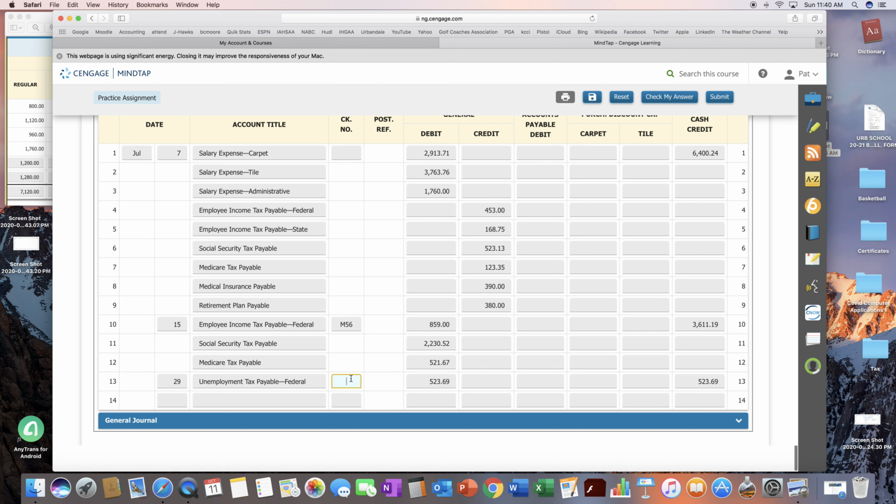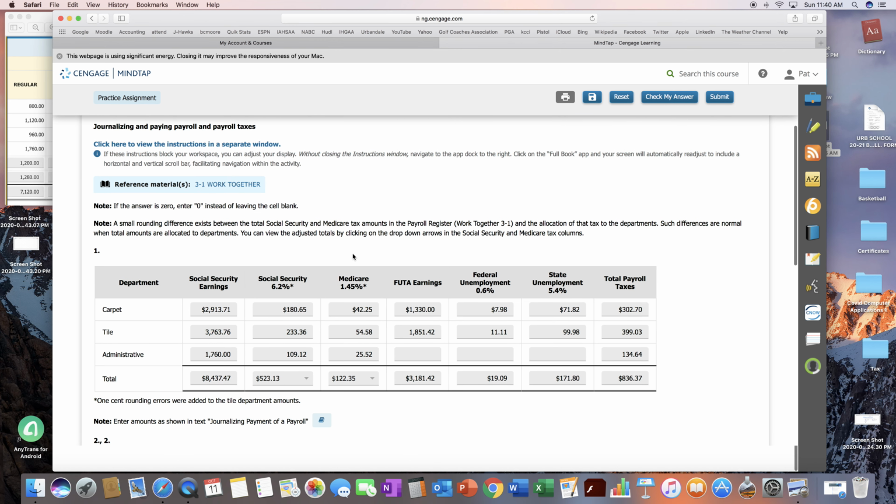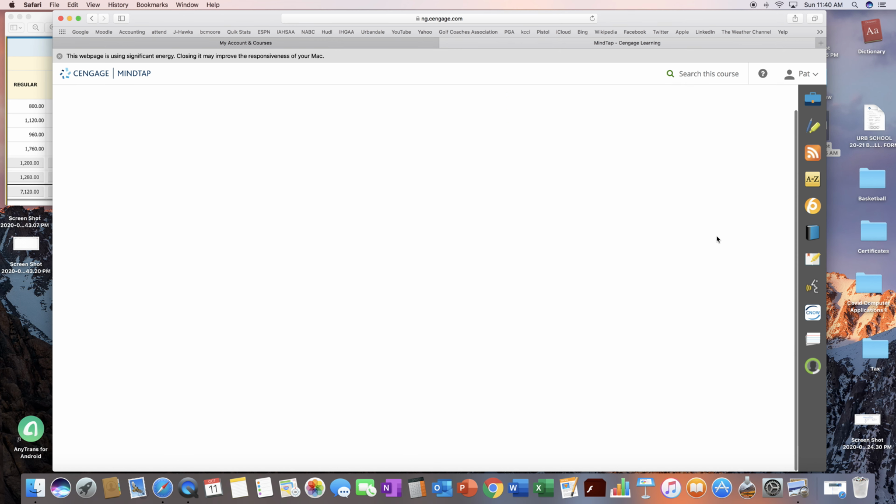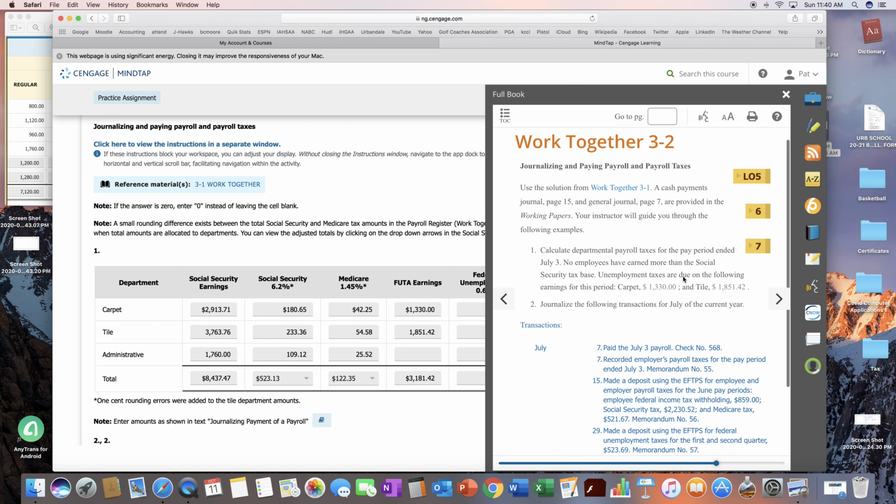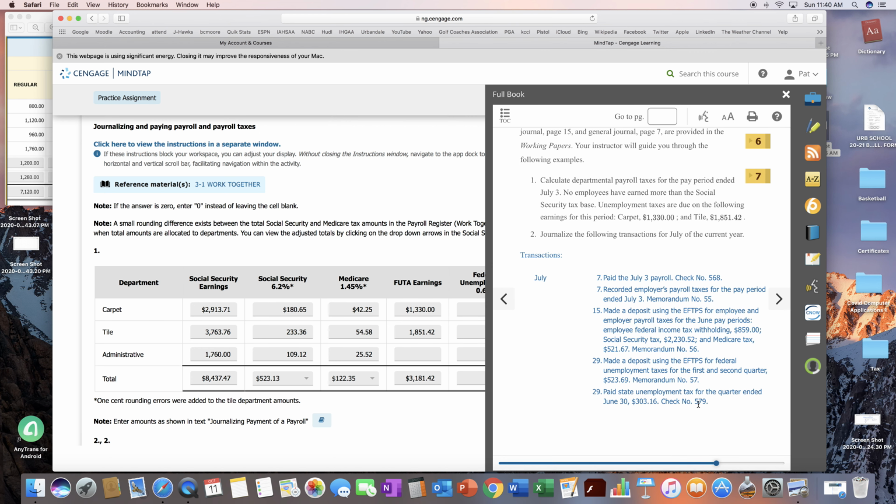M56, M57, and then the 29th, we're also doing employment tax state. I'm thinking it was the same order, but I don't remember. No. Check number, we're paying a check for this one. Check 579.